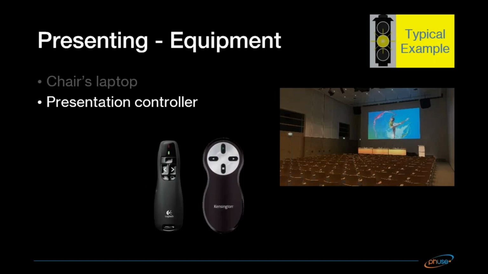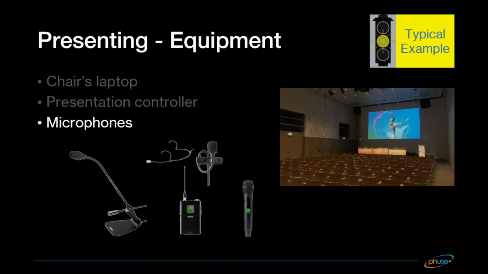You will also have a presentation controller, which is a wireless handheld device. You can use that to control your presentation, so it's a good idea to practice with that beforehand. You can always use the keyboard of the actual laptop if that's your preference as well. But the advantage of having the presentation controller is there's a laser pointer on it, so you can use that to highlight your screen if you have an occasion to do that.